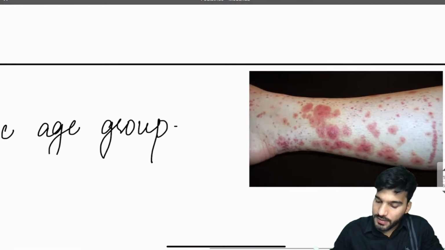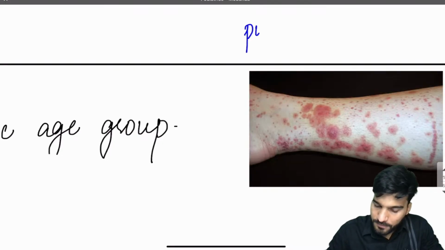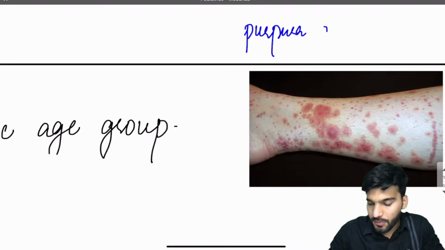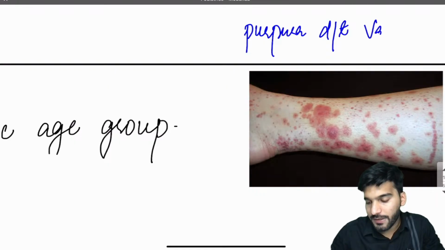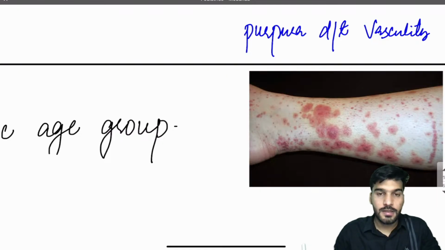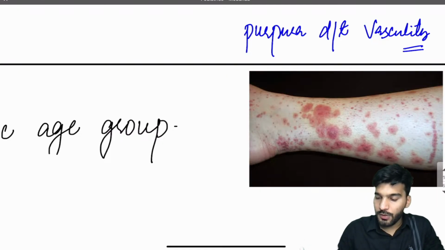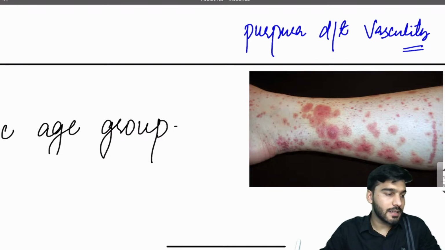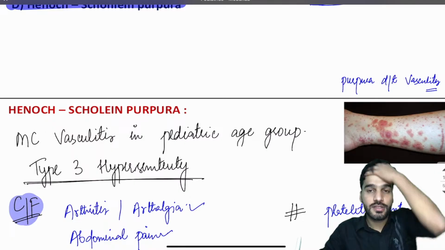The purpura is due to vasculitis. Purpura due to vasculitis. Is that clear to everyone? Please update in the comment section, guys.